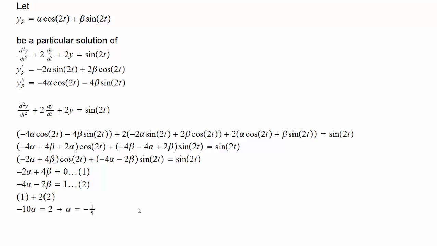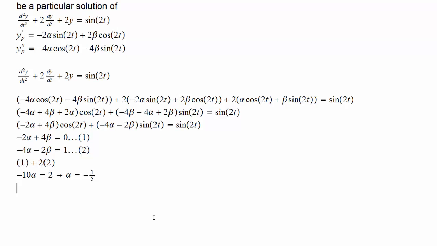So alpha is -1/5, and we can substitute to get the other solution back, or we can just multiply equation 1 by -2 and add equation 2 to it, whichever way you please. Let's do it that way, because I'm being selfish, that might be a little easier to type. By this bracket 2, I refer to equation 2.